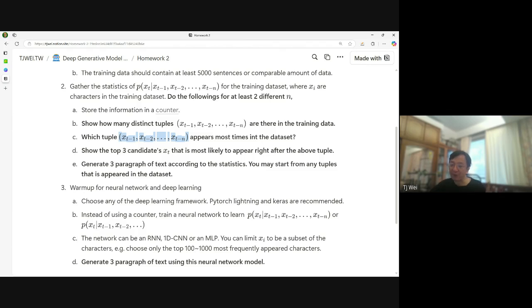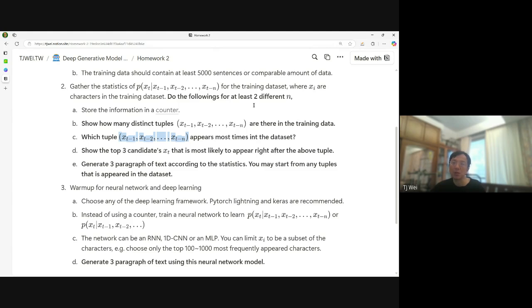So you have to start from some point, because in the setting of these n-gram models, you have to start with something that already existed in the paragraph. So just pick a small tuple in the dictionary you collected, start from there, then generate a paragraph. That's all about the second part of the homework.